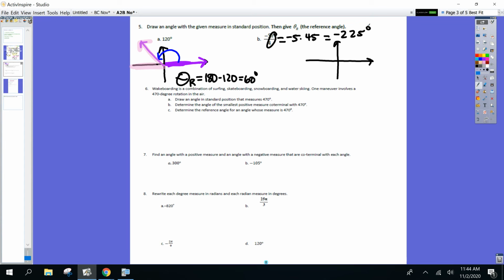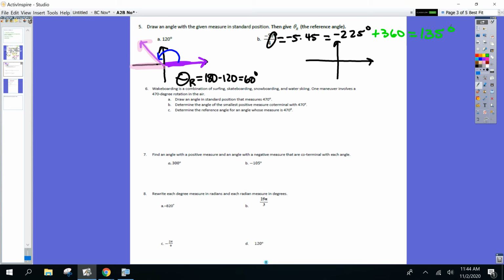Anybody add 360? It'd be 135. Negative 225 plus 360 is 135.